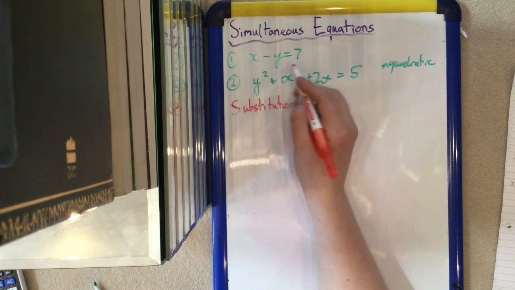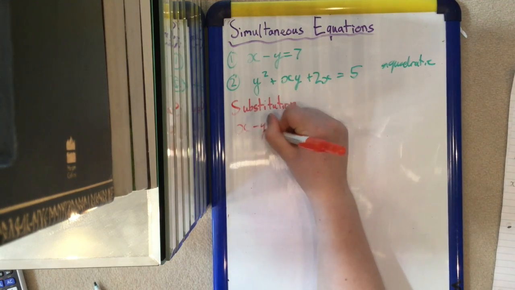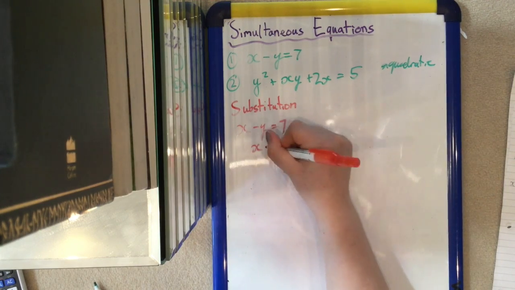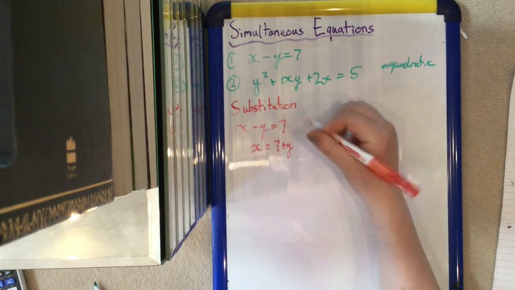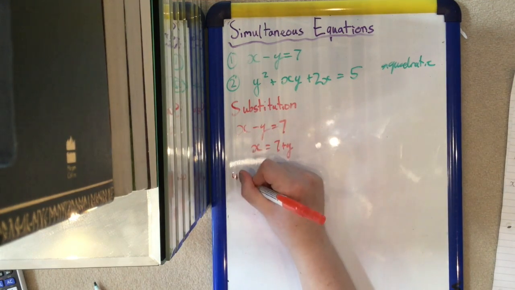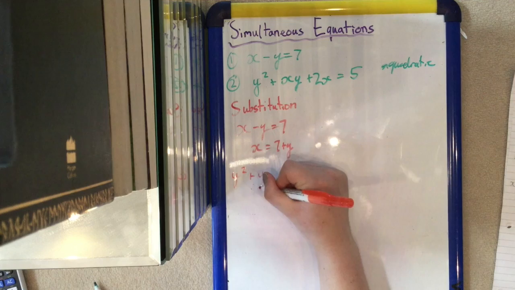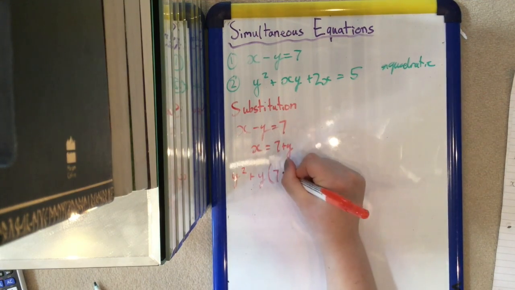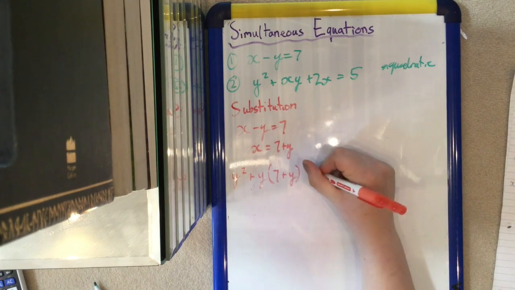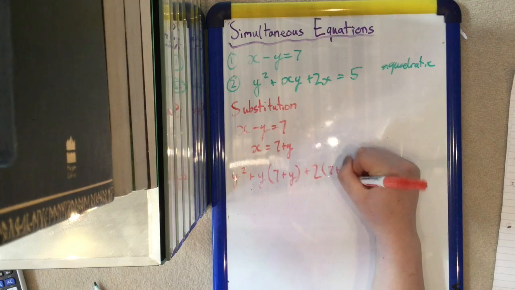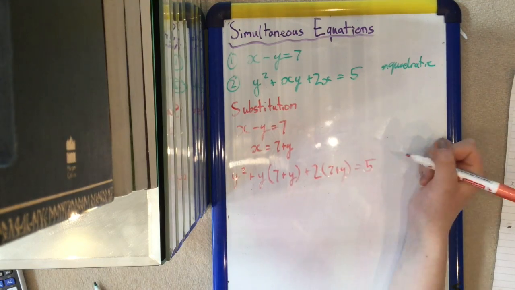So I'm going to take my linear, x minus y equals 7, make x the subject, so x equals 7 plus y, and then substitute that into equation 2. So y squared plus y, here it's multiplied by an x, I'm going to change that to 7 plus y, plus 2x, and again x is 7 plus y, equals 5.